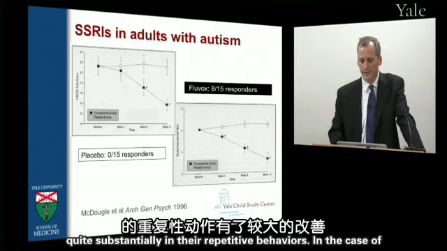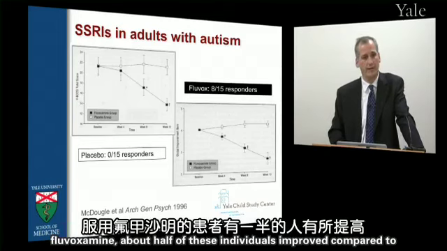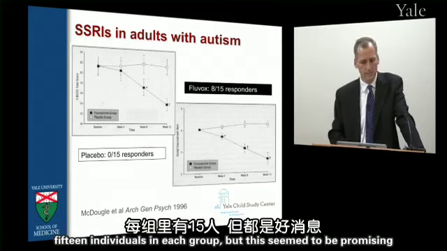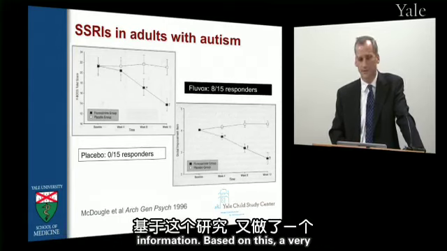In the case of fluvoxamine, about half of these individuals improved compared to none of the adults treated with placebo. Granted, these were small samples, 15 individuals in each group, but this seemed to be promising information.